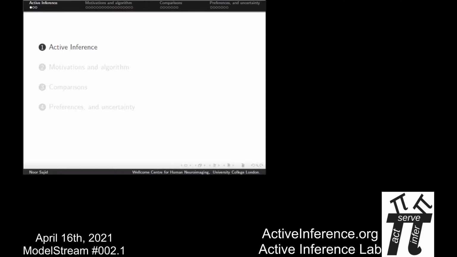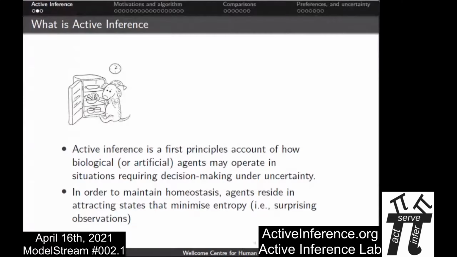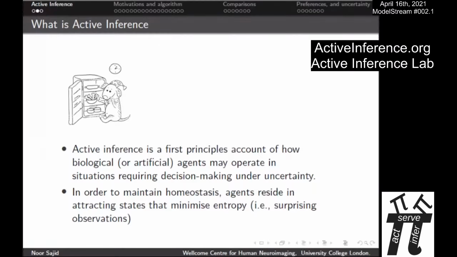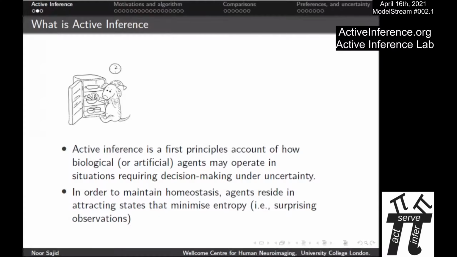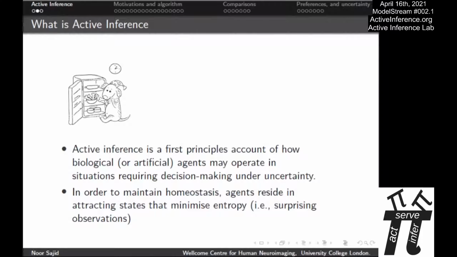Okay, so what is active inference? It's a first principles account of how biological or artificial agents may operate in dynamic non-stationary settings. It stipulates that these agents, in order to maintain homeostasis, reside in attracting states that minimize their entropy or their surprise. If you take this example of this hungry agent opening the fridge, why would you open the fridge?